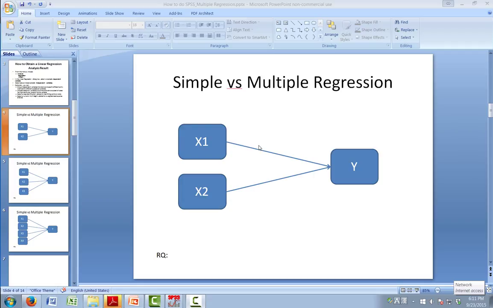Number two, whether the intercept or slopes, especially the slope associated with x1, the first independent variable, is statistically significant or not. And then at the same time, we are evaluating whether the slope of x2, the second independent variable, is statistically significant or not, right?